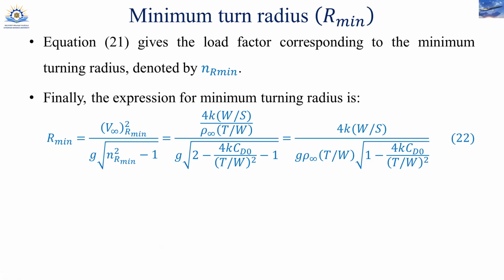The minimum turn radius is 4K W over S divided by G rho times the thrust to weight ratio times the square root of 1 minus 4K CD naught over T over W squared. So this is our minimum turn radius.